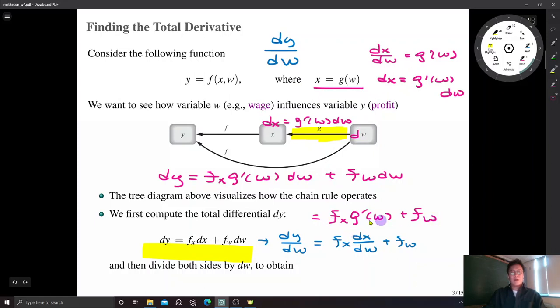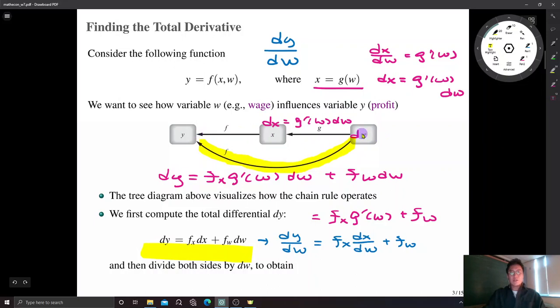Okay. Another way to see this, because we first consider this direct effect, this one is given by the partial derivative, so we have f sub w. So once we consider this, now I consider the direct effect of change in w on change in y. So after eliminating this one, after deleting this arrow, I will be left with this one.